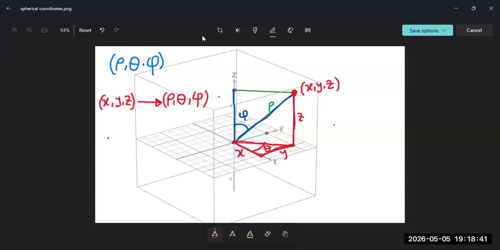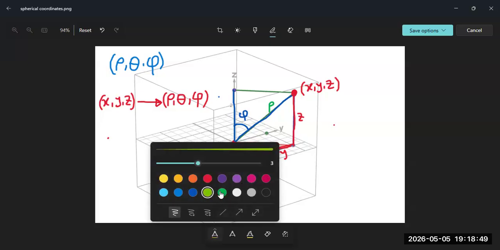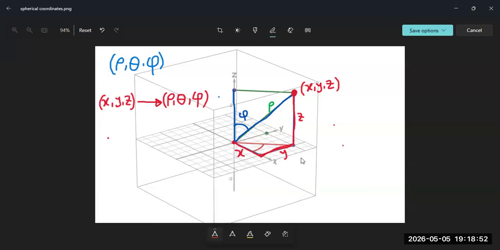For the rho quantity, we are erasing some scenarios here. Since this is a right angle triangle, right, sir? Because the X and Y axes are perpendicular to one another, this angle is a right angle and this triangle is a right angle triangle.